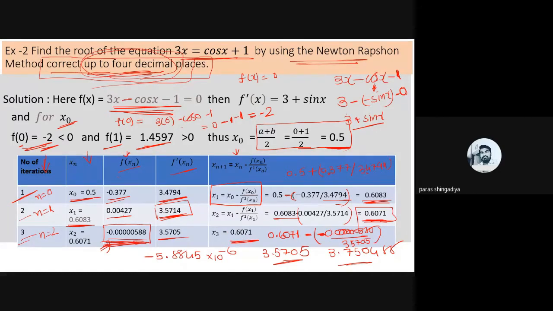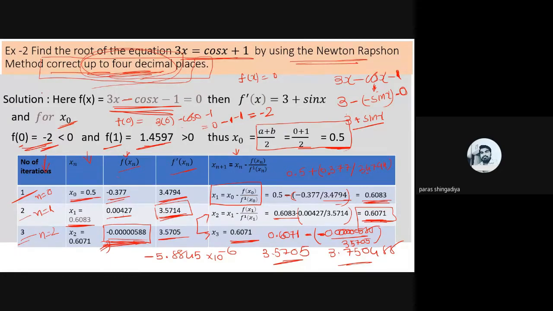Now check x2 and x3. The x2 answer is 0.6071 and the x3 answer is also 0.6071. So the two nearest iterations are correct up to 4 decimal places. We will stop this procedure and consider 0.6071 as our final answer.